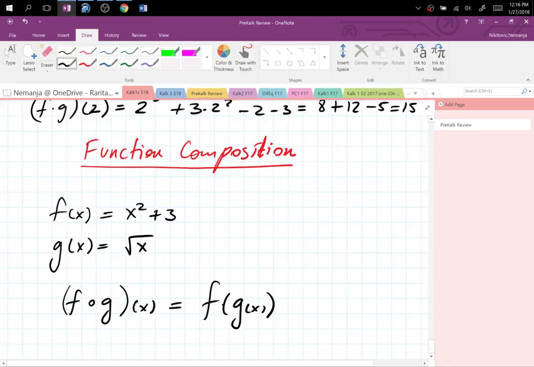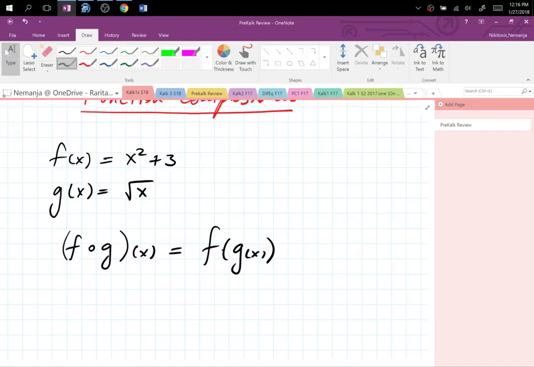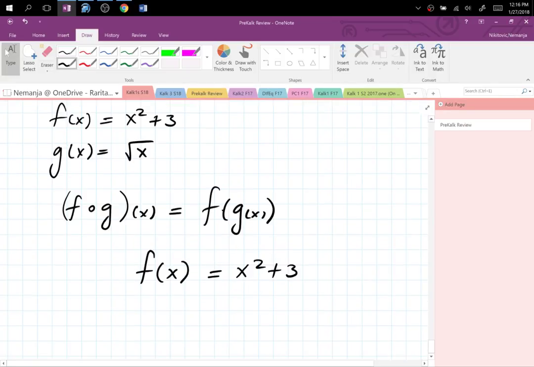Now, I'm a visual learner. You just give me this and stop talking, and I'm 100% okay. Because visually, I know, because I'm a visual learner, that if I have f of x equals, let's say, x squared plus 3, if you give me f of a flower, I have a flower squared plus 3.